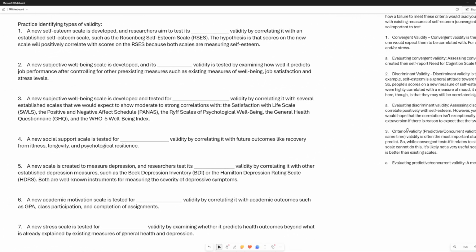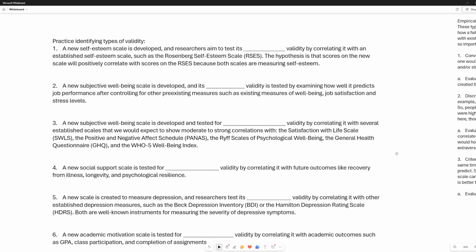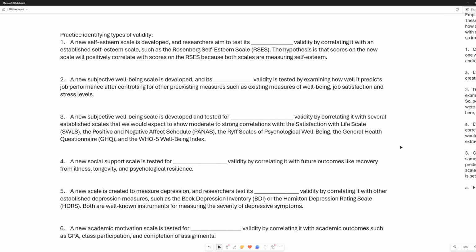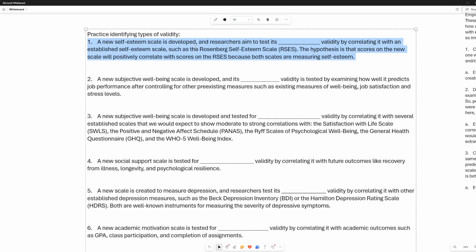So now let's go through some examples and practice with identifying different types of validity, just so that you can see what is the real world way of testing this. So again, let's say a new self-esteem scale is developed and researchers aim to test what type of validity by correlating it with an established self-esteem scale, such as the Rosenberg self-esteem scale. Well, we're correlating it with an existing measure that we expect it to be correlated with.